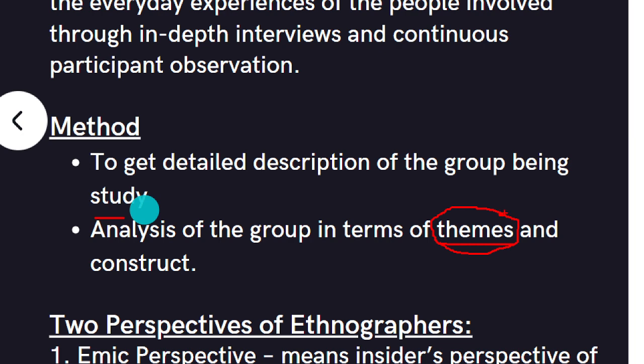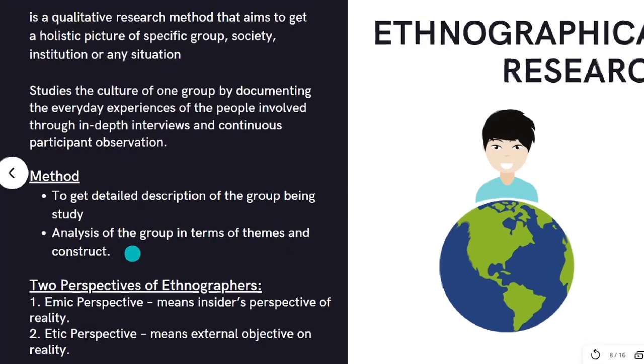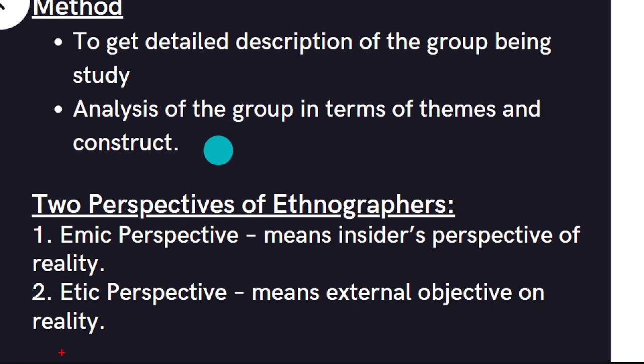Okay? So, there are two things na sa paningin ng ethnographers. One, we have what we call the emic perspective, kung saan ito ay insider's perspective of reality. Okay? So ang ginagawa ng ethnographers diyan ay sila mismo tumitira. Okay? So if you encounter Sir Apolonio, Teach Jude is actually a social graduate.